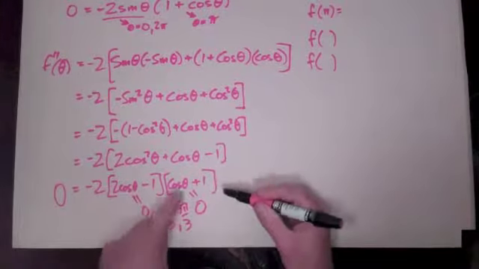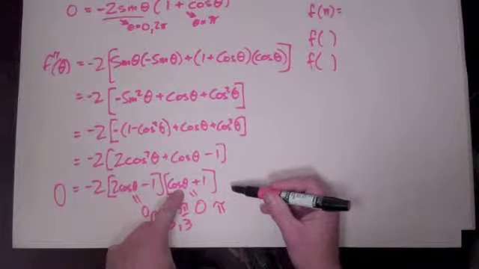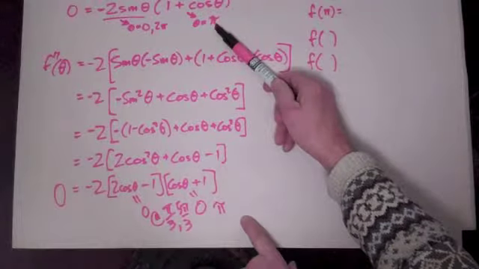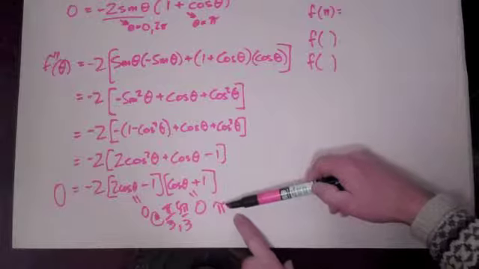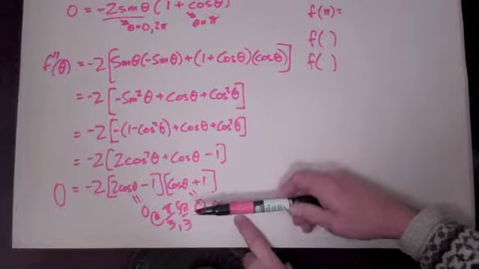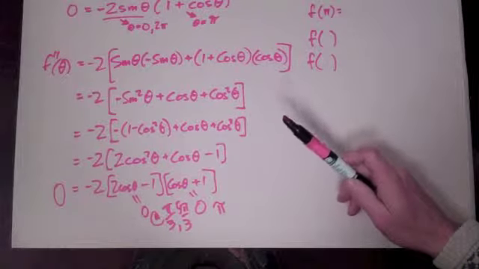And here it's going to be 0 at pi. But that's already one of my zeros up here, so that is not an inflection point. Remember, to be an inflection point, it has to be positive or negative when I plug it in.